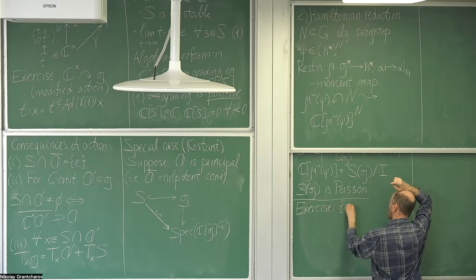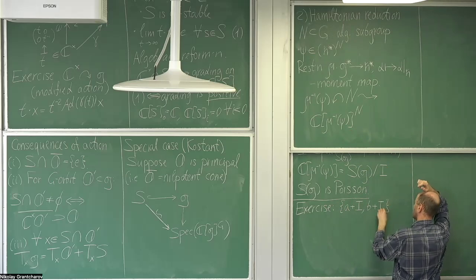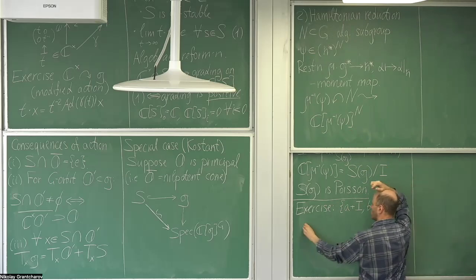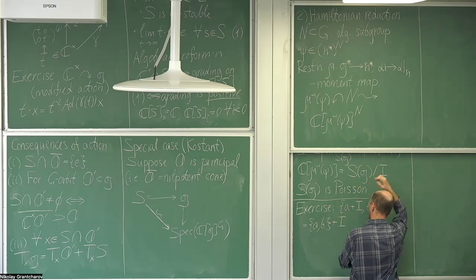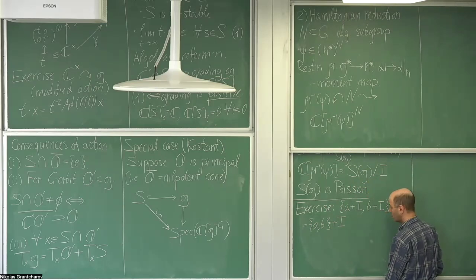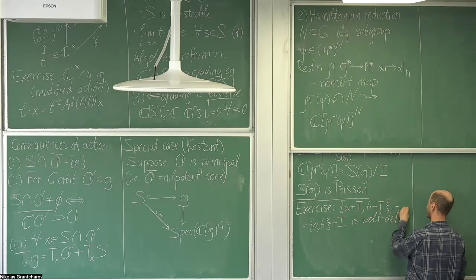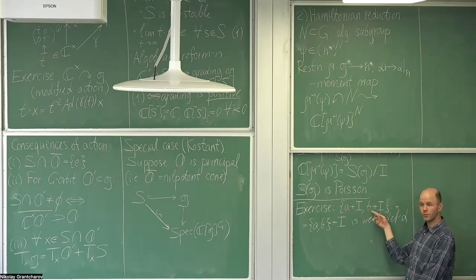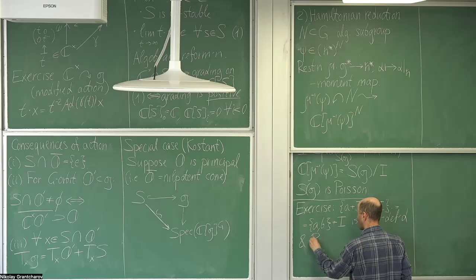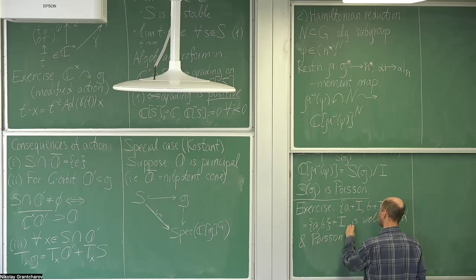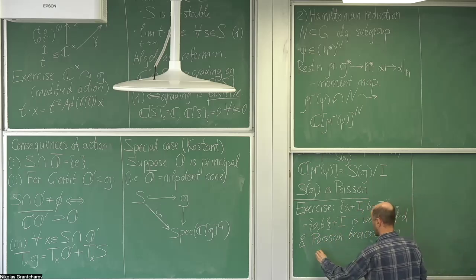So I claim that the following operation, which takes such two cosets and sends them to the bracket of A and B plus I, is well defined. It doesn't depend on the choice of these representatives, and is a Poisson bracket on my algebra.